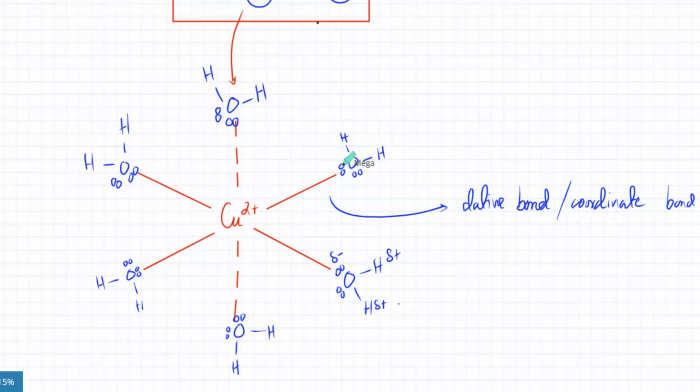So the lone pairs are getting attracted to the copper 2 plus. The reason it's a dative bond is that both electrons in the bond belong to oxygens, or are lone pairs on oxygen.